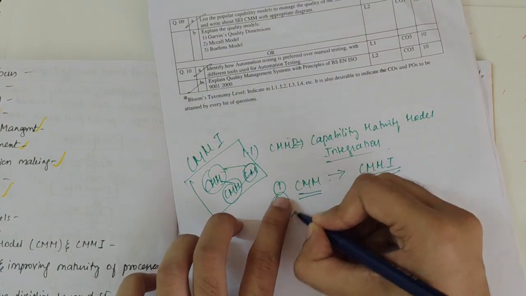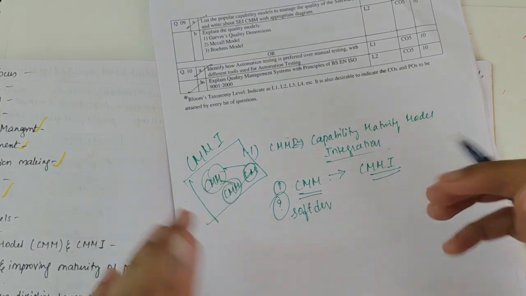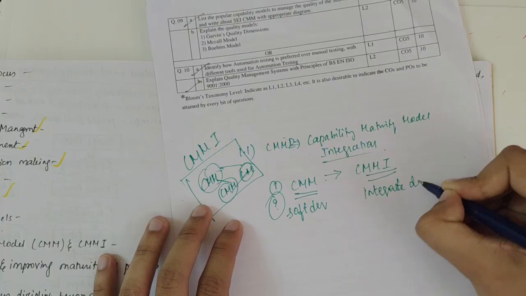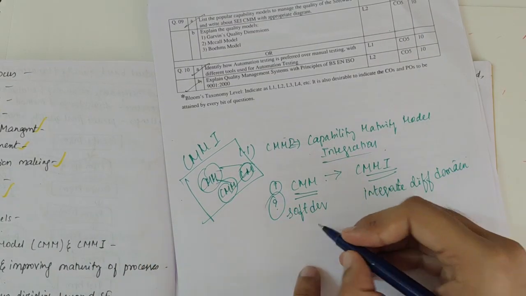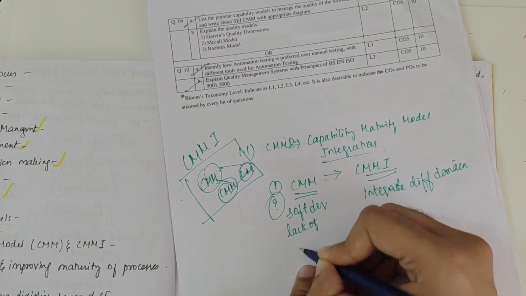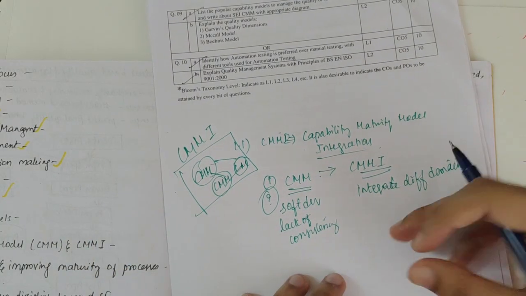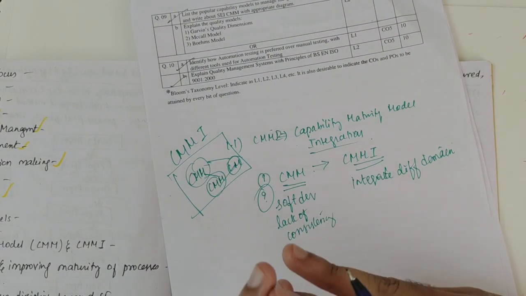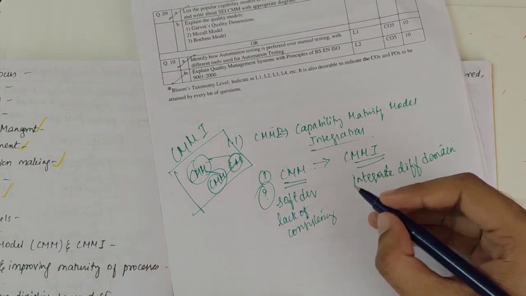In CMM our major focus is software development, but in CMMI our major focus is to integrate different domains. In CMM there is a lack of consistency in terms of process integration, but in CMMI the entire thing is like one process with multiple sub processes combined and integrated.